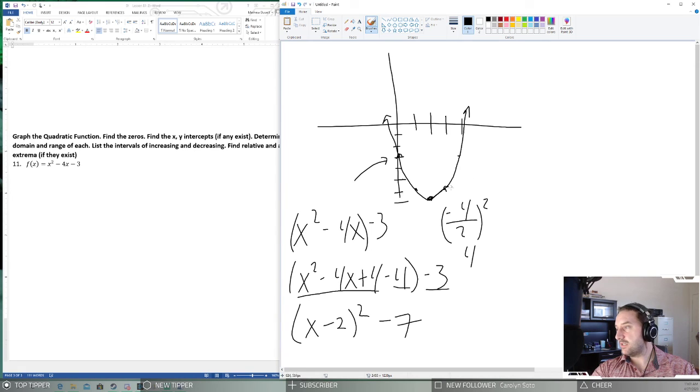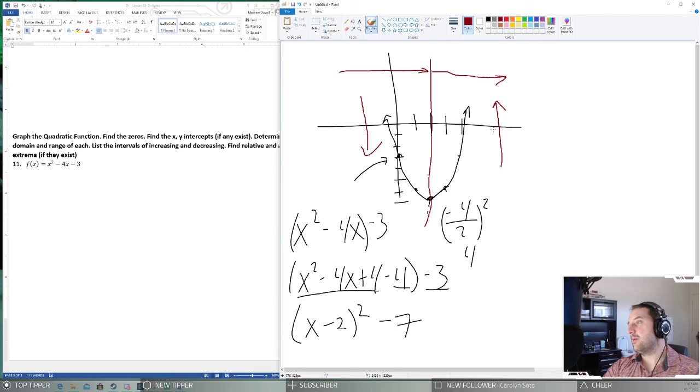The intervals of increasing and decreasing. So the important piece here, I'm just going to cut this in half. As we move this way, my graph is going down, so it's decreasing, and then from that line, as we keep going that way, my graph is going up.